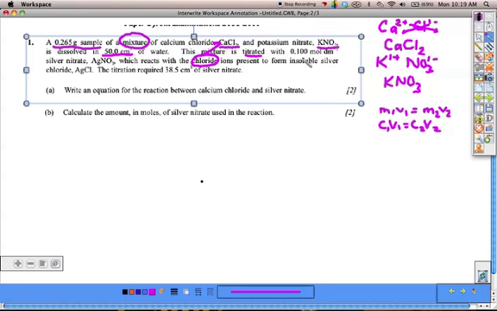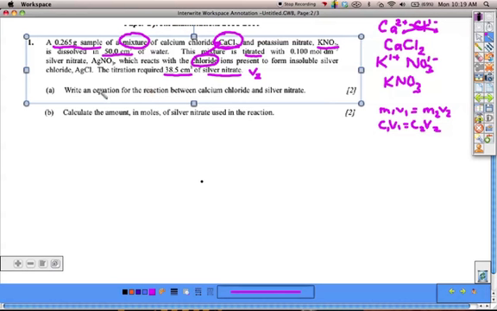So even though I have a mixture of stuff, I'm only reacting with the calcium chloride, in the form of silver chloride as one of our products. And we need 38.5 centimeters cubed of the silver nitrate. So that would be our V of, we could say the 2 that we need, 38.5 centimeters cubed.